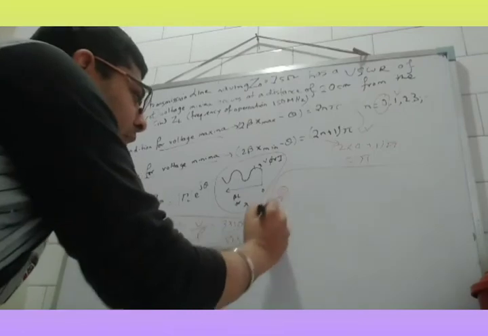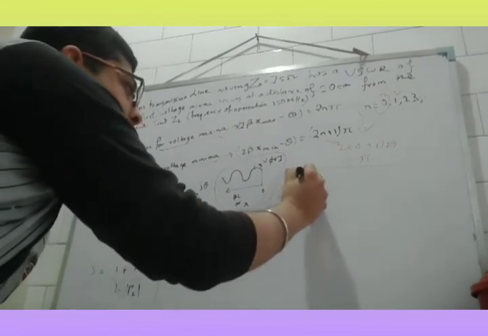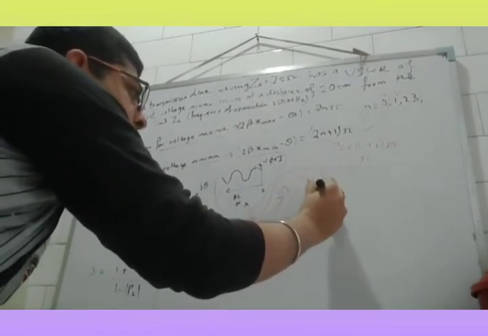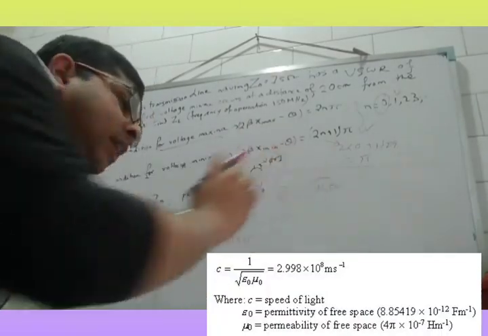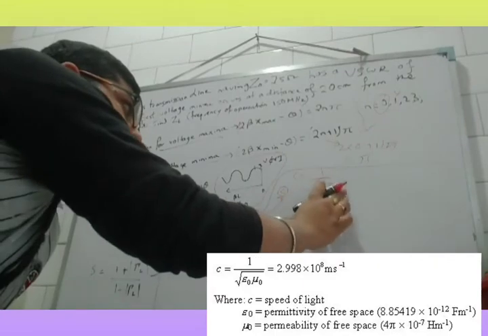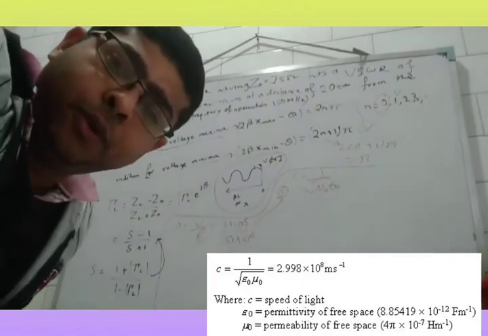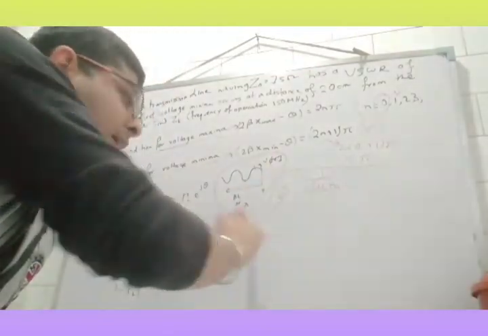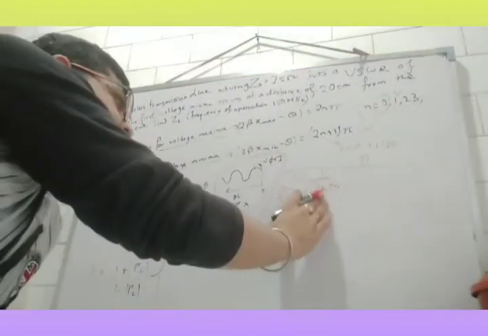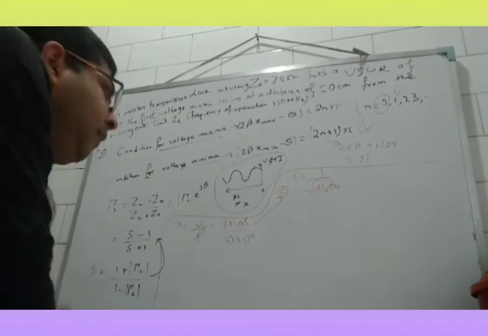This you can also calculate. It means 1 by root mu naught epsilon. Mu is 4 pi into 10 to the minus 7, and this is the permeability, this is the permittivity. Permittivity is how much? 8.854 into 10 to the minus 12. So from there you will get this value. Okay, it is for free space I am talking about.